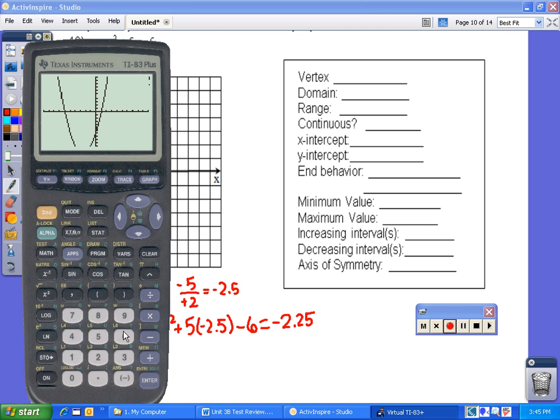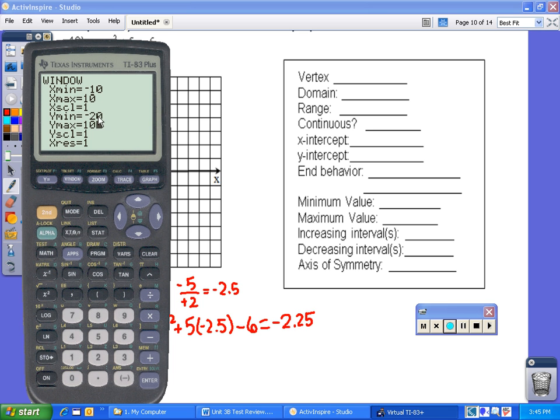Now to find the vertex, on my graph, I don't know if you can see it, but you can't see the bottom. So you will just change your window. Since we pressed zoom 6 and got a regular window, we'll change our y min to negative 20 so we can get it lower.